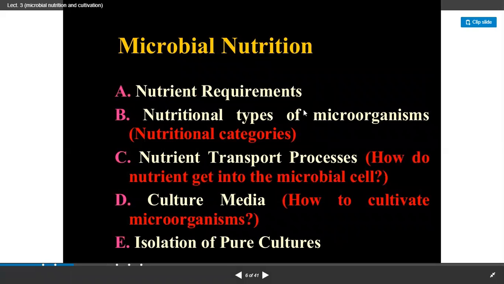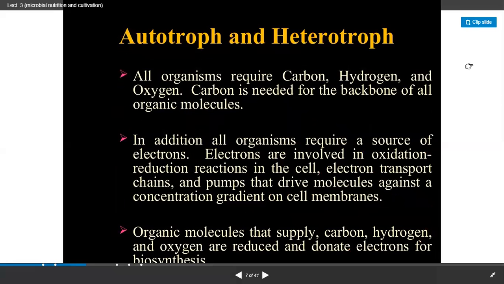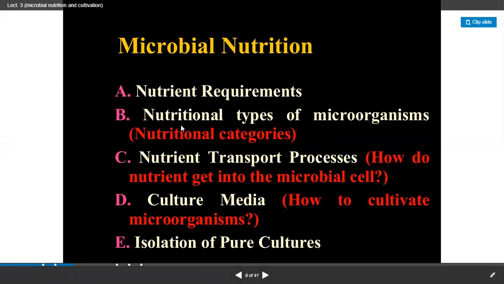In microbial nutrition, we can understand it by nutrient requirement, nutritional types, nutrient transport, and culture media. But today we are going to discuss the nutrient requirement and nutritional types.